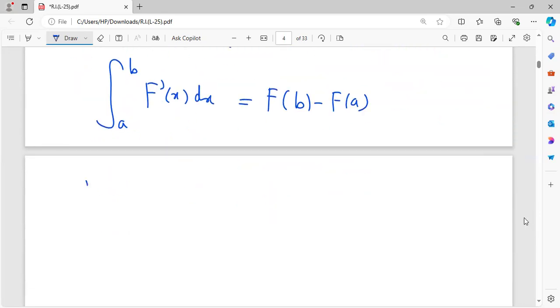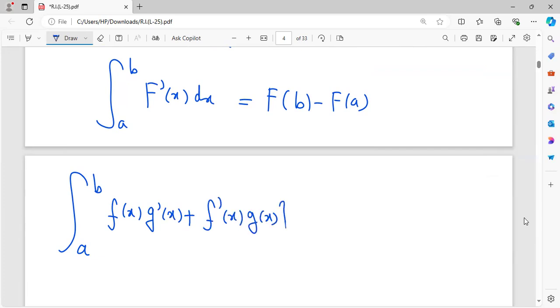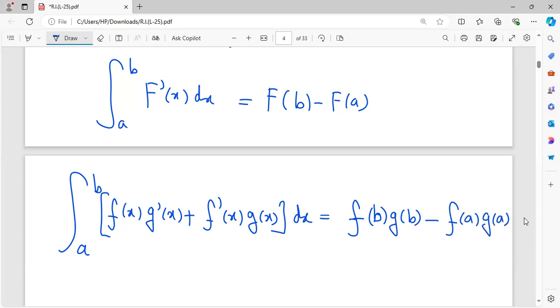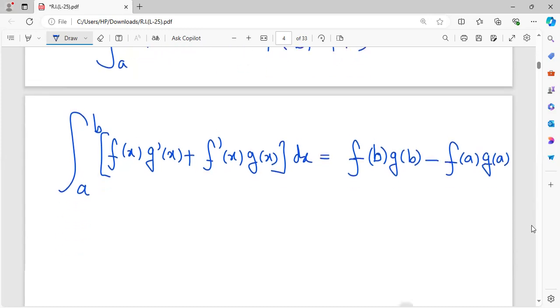So what is this? Put the value of this: the integral of f(x) g dash(x) plus f dash(x) g(x) dx. What is this capital F? F(b) G(b) minus F(a) G(a).